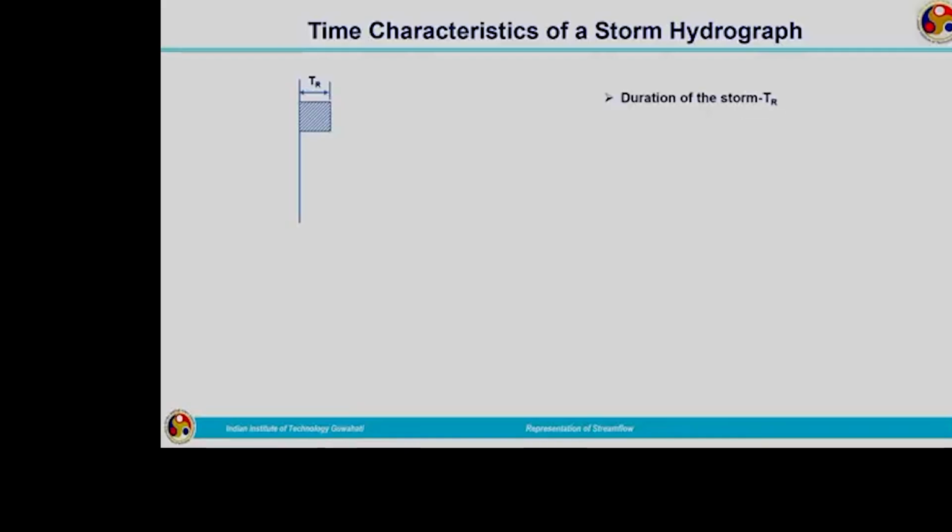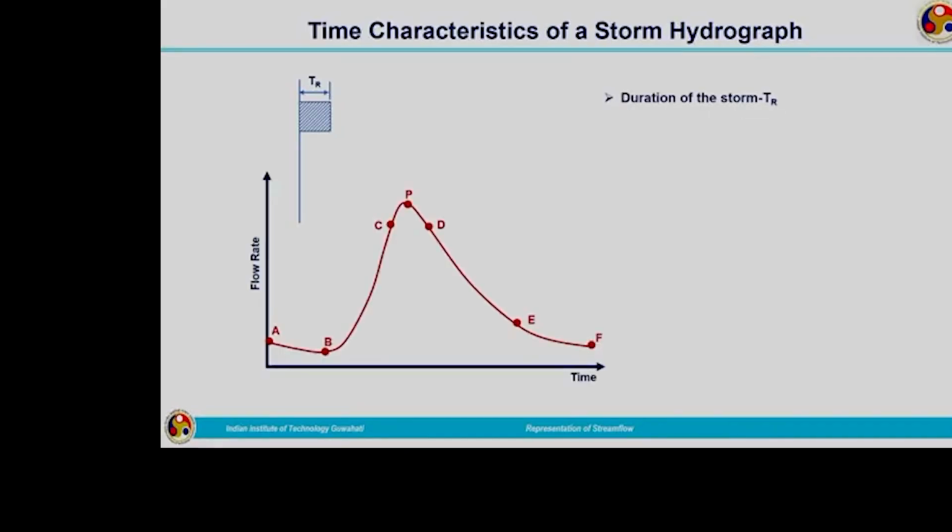The duration of the storm we are considering is TR, and this is the storm hydrograph. This figure we have already seen before while explaining the characteristics of the storm hydrograph, so the same hydrograph is used here to explain its time characteristics.